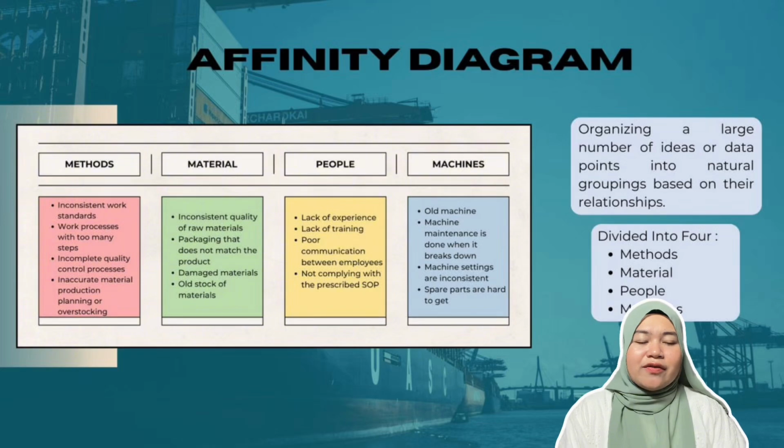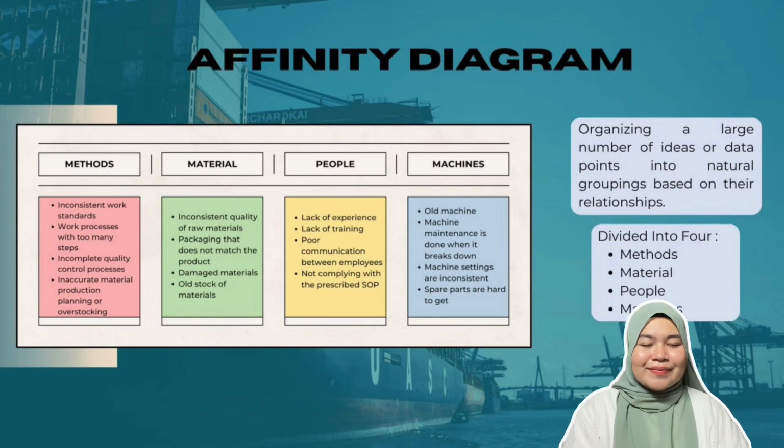So what is an affinity diagram? It organizes large numbers of ideas or data points into natural groupings based on their relationships. There are 4 problems, namely methods, materials, people, and machines.